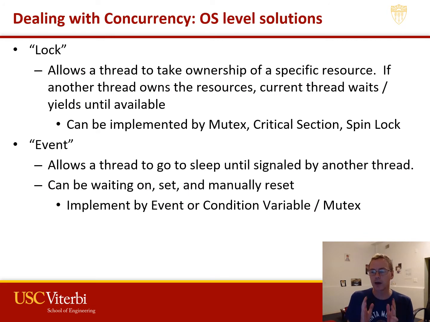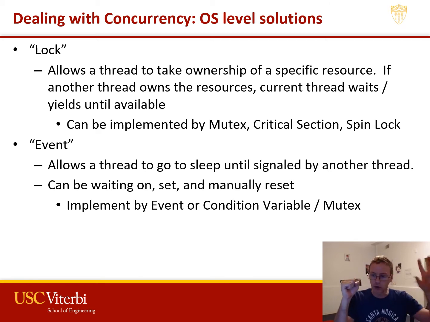There are two primary ways to deal with these shared resources, either by locking the resource or by being notified when it's available. Now, the most obvious way to deal with these resource contentions is to lock the resource. That's where we give one thread the ability to say, hey, I'm using the resource right now.